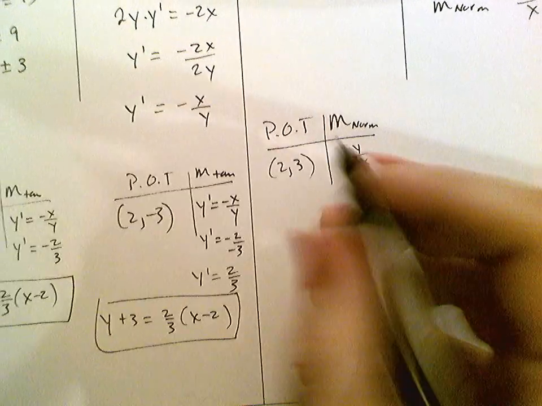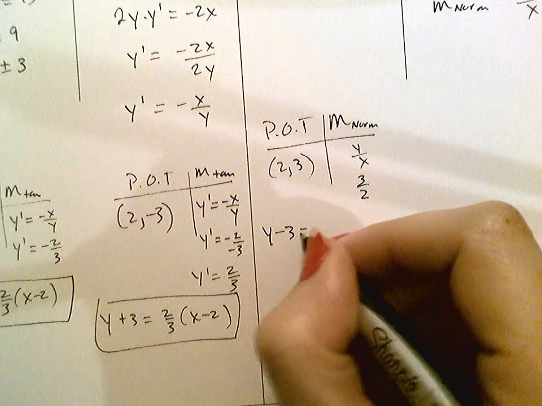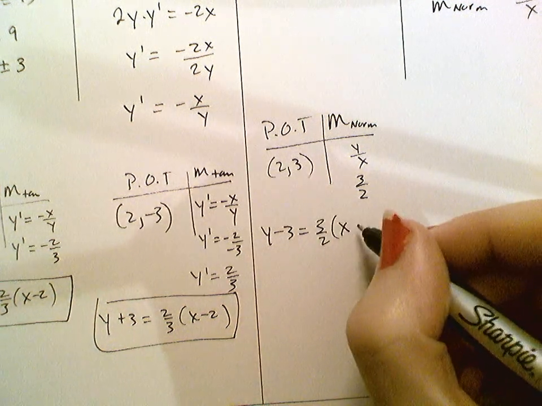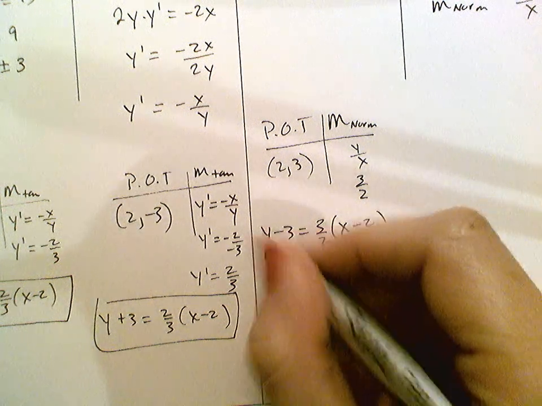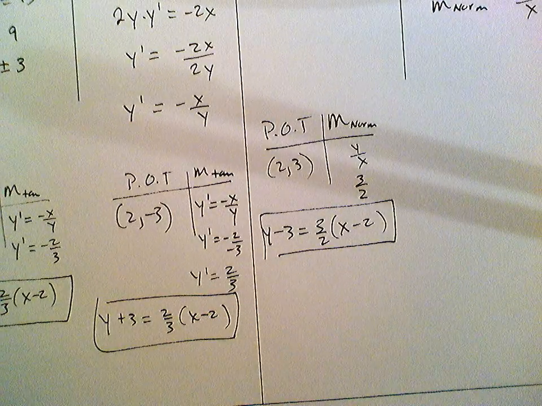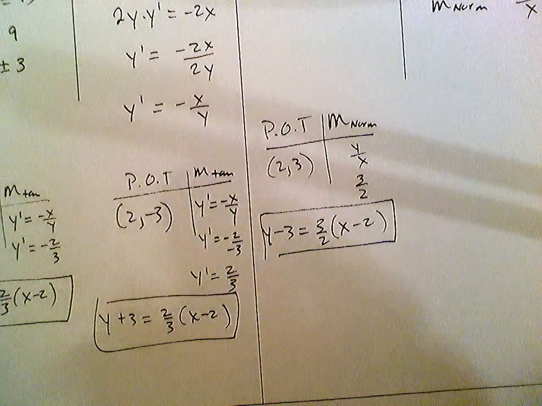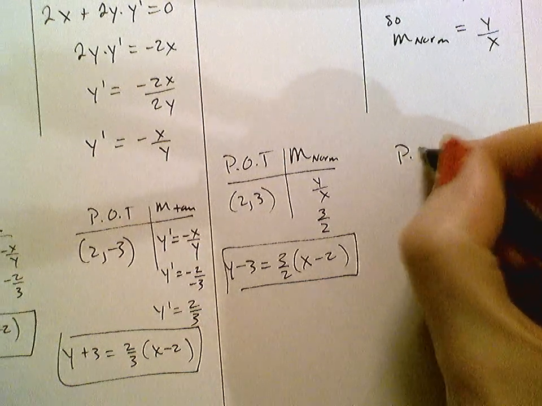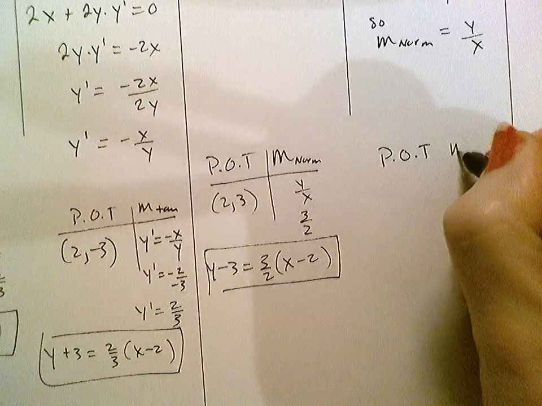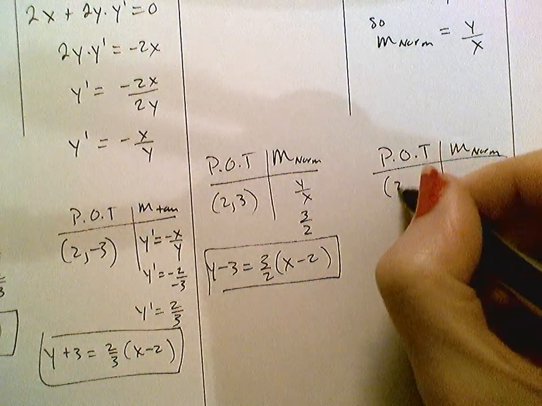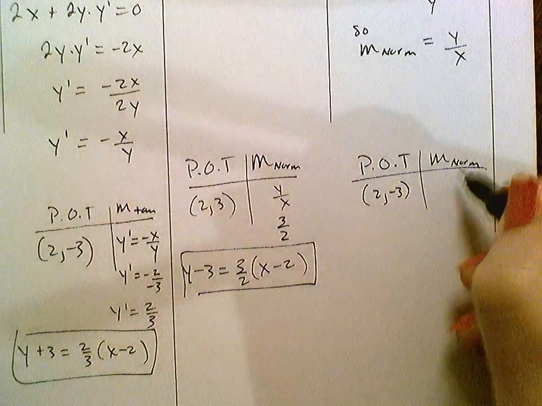Okay, so then I just go y minus 3 equals 3 halves times (x minus 2). And that is the equation of this green line. And then point of tangency, slope of the normal line, (2, negative 3).